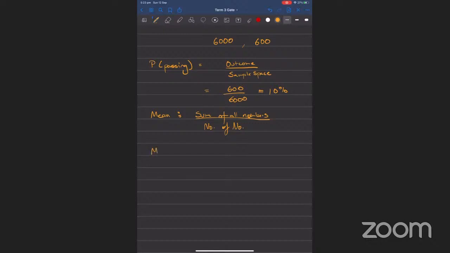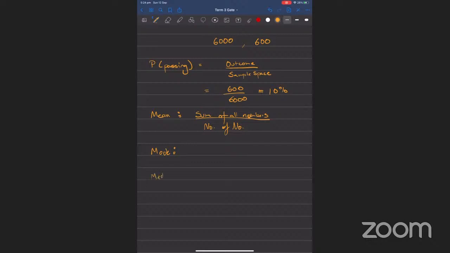Does anyone remember what mode was? Hey, I didn't tell you guys a song. There's a really famous song that's like a nursery rhyme. That's the way I remember my mean, median, and mode, because I always forget. So I sing in my head, and the song basically is like, the median's the middle.